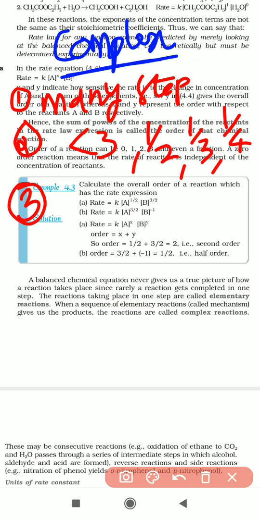Next, in complex reactions many side reactions are involved.